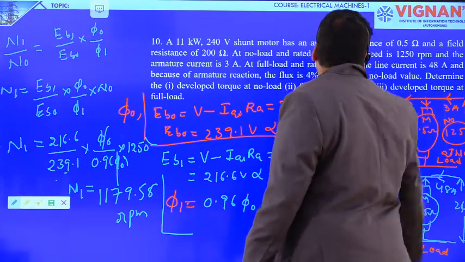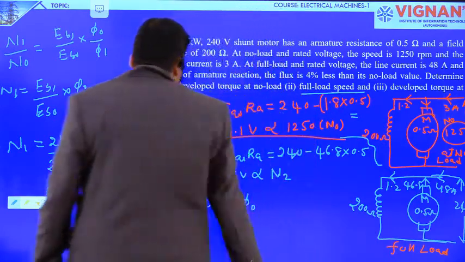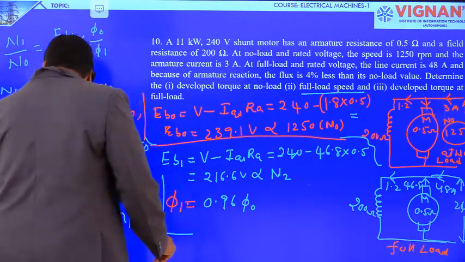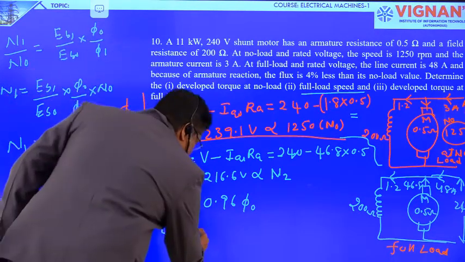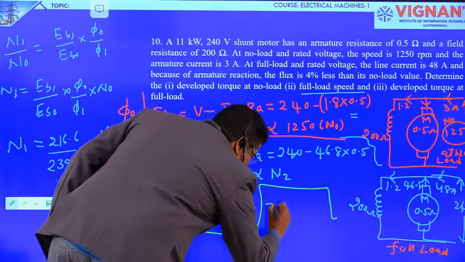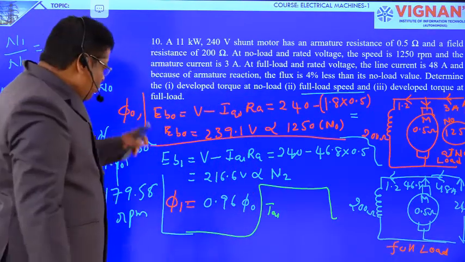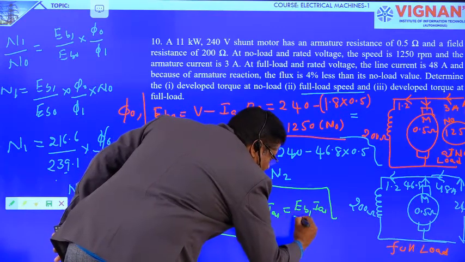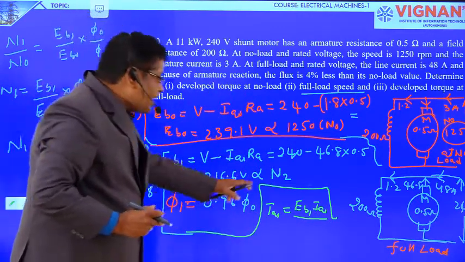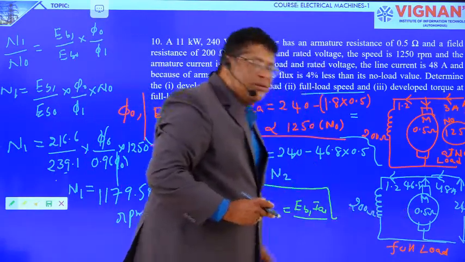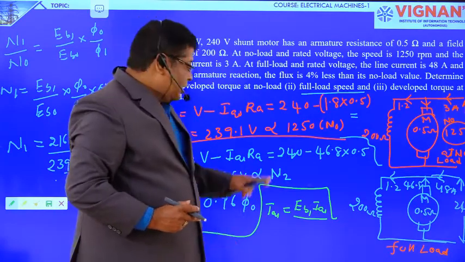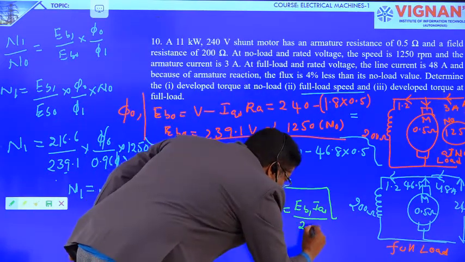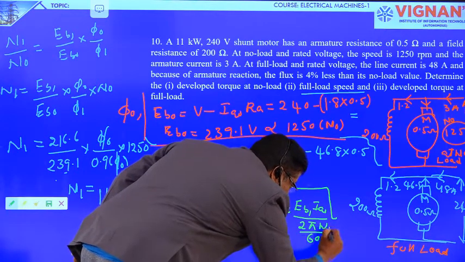Now the developed torque at full load, TA1, is equal to EB1 into IA1, which is the electrical equivalent of the mechanical power developed in the motor, divided by the angular velocity of the motor, in this case 2 pi N by 60, where N is N1.